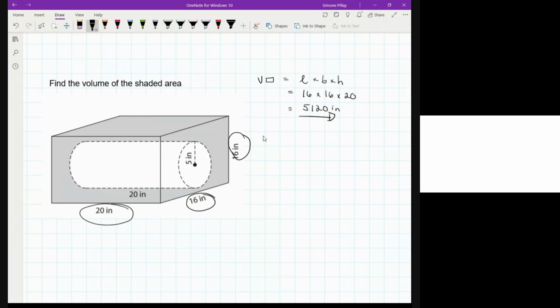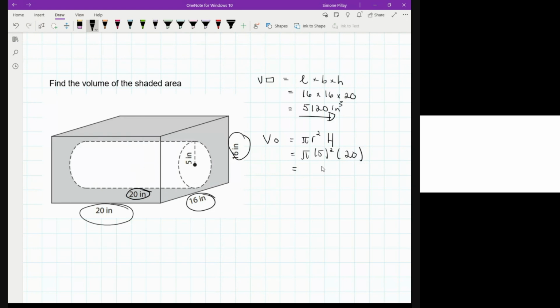I now need the volume of my cylinder. Remember, it's going to be the area of my base, which is a circle. So area of a circle is pi r squared multiplied by the height. So pi times my radius, which is 5 inches, squared, times the height of the cylinder, which is 20.